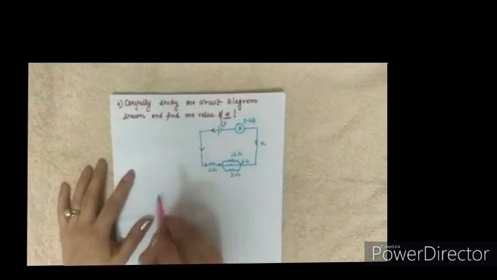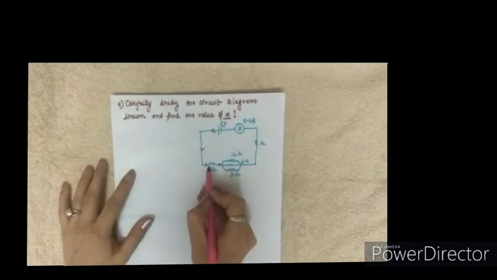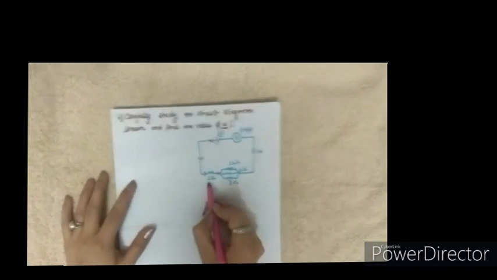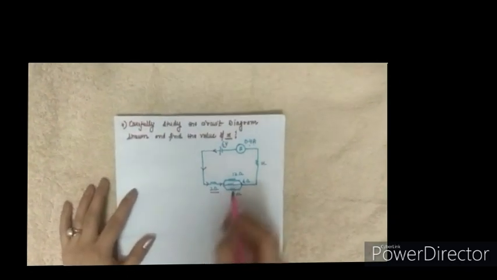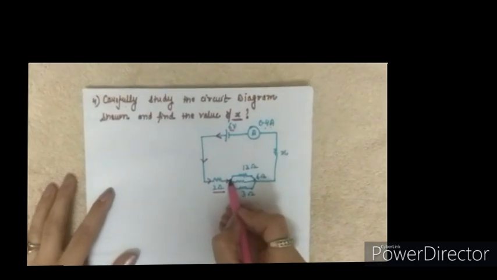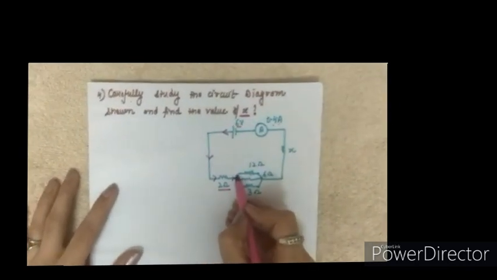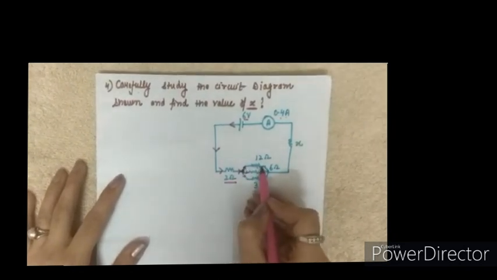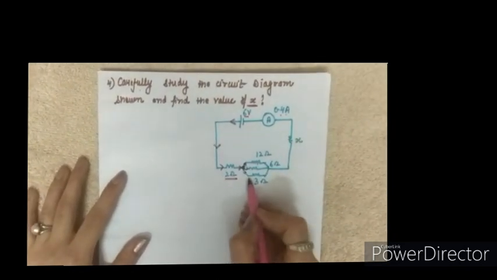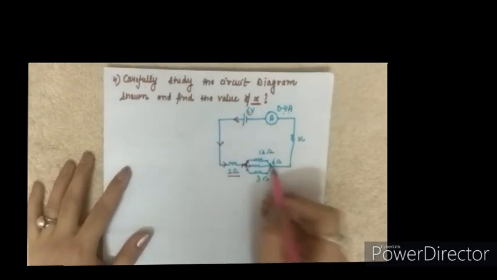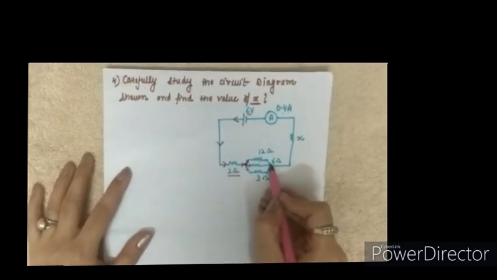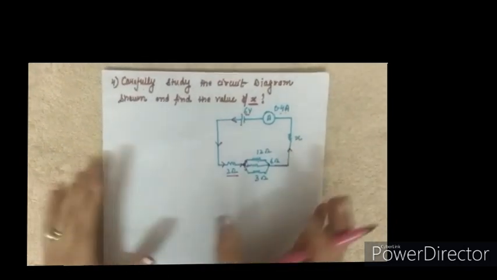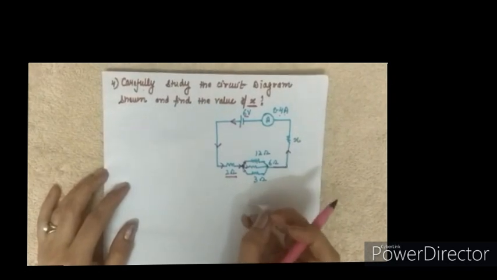After crossing the 2 ohm resistor, when the current moves to this point, the current will split into 3 parts. One across the 12 ohm resistor, second the 6 ohm resistor, and third the 3 ohm resistor. As soon as the current leaves this, it will again remain the same. So here we have the mixed combination of series and parallel.